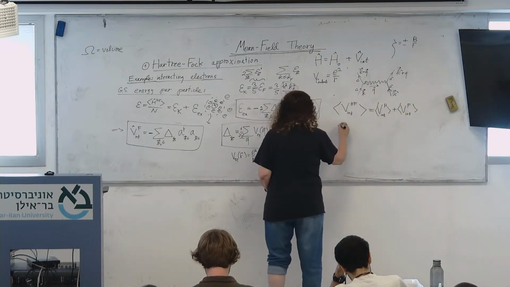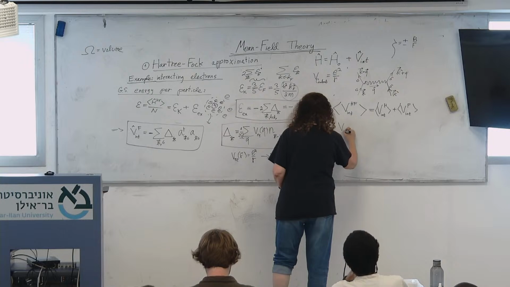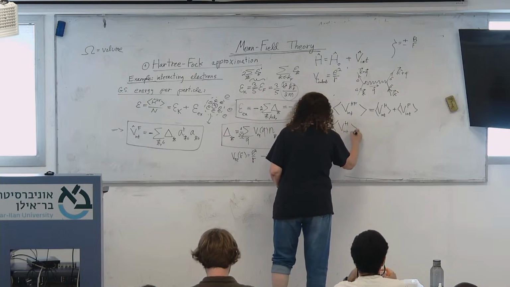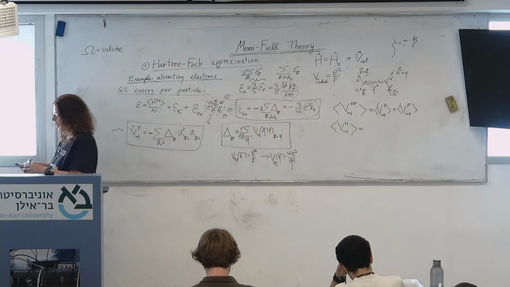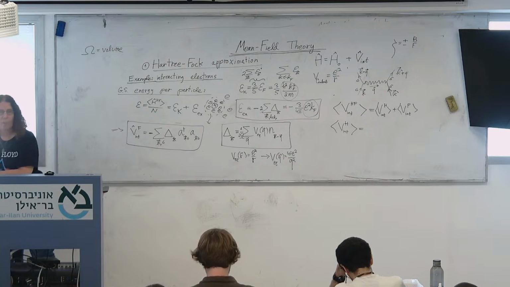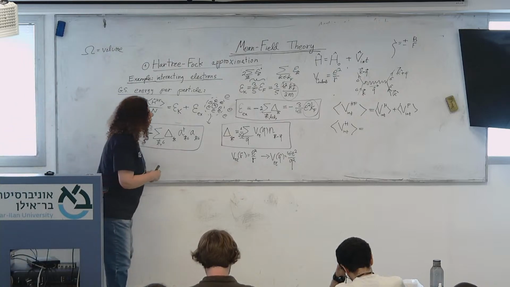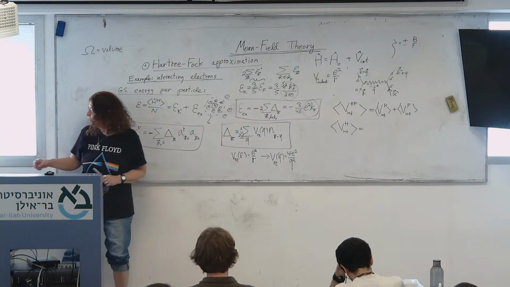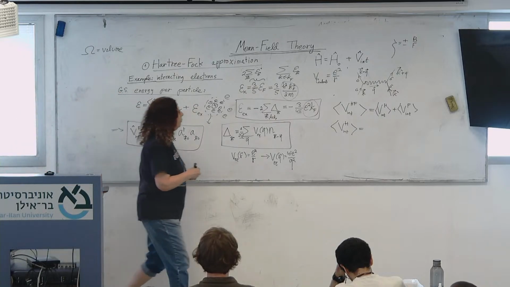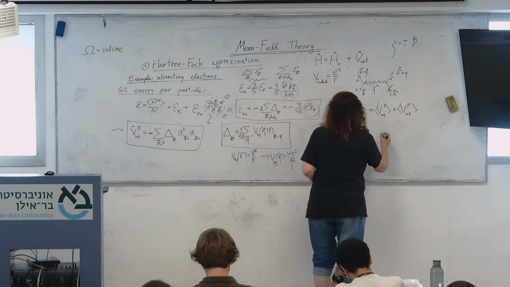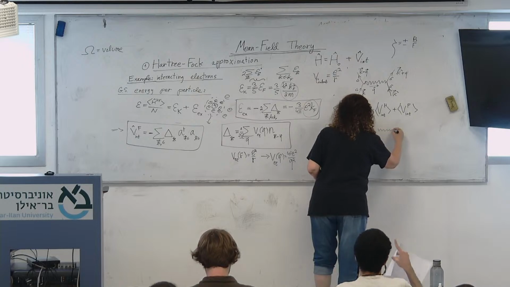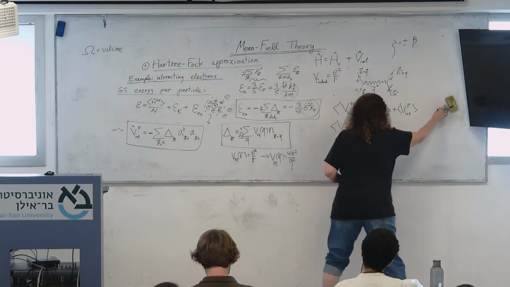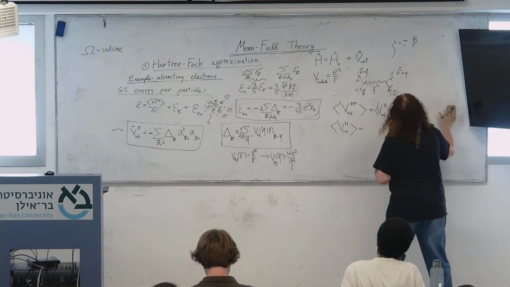Now, each of these I want to represent with a diagram. So let's first draw the diagram for the Hartree term, okay? So we have this interaction. I'll plot it over here.